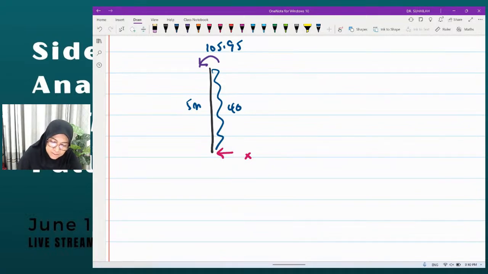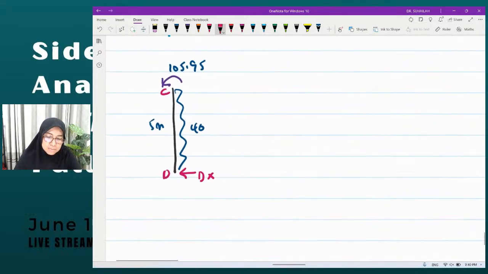This is DX, with C and D. It is just like we analyze a simply supported beam, so there is a moment here and there is UDL. But the beam is horizontal, while the column is vertical.